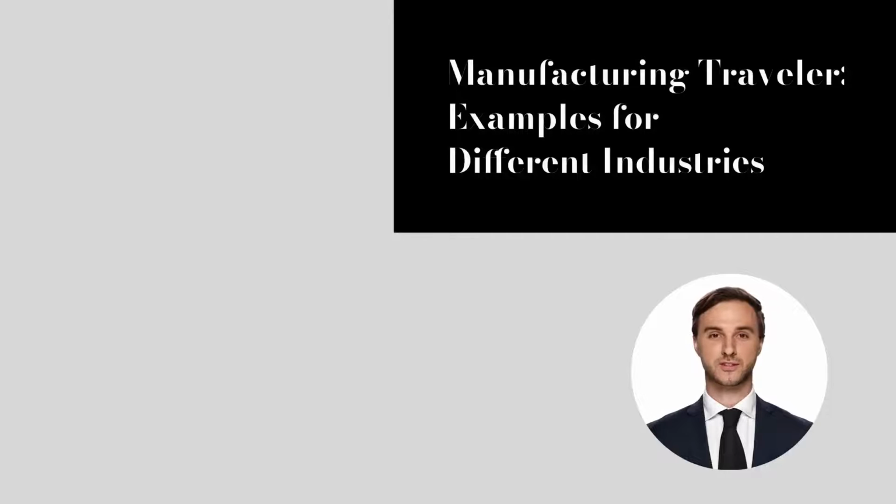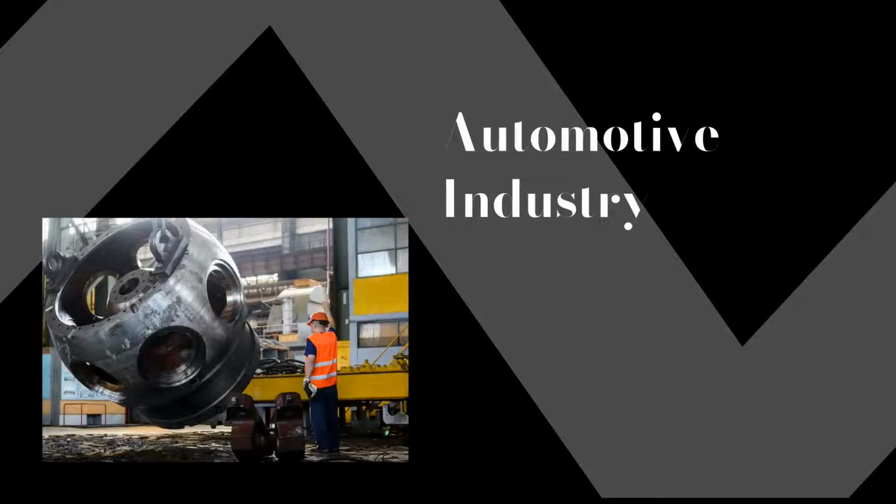Let's look at a few instances of manufacturing traveler from other sectors of the economy. Automotive industry. A production traveler for an automobile engine can include information on the details of each component, instructions for assembly, bolt torque specifications, and quality control checkpoints. Pharmaceutical industry.